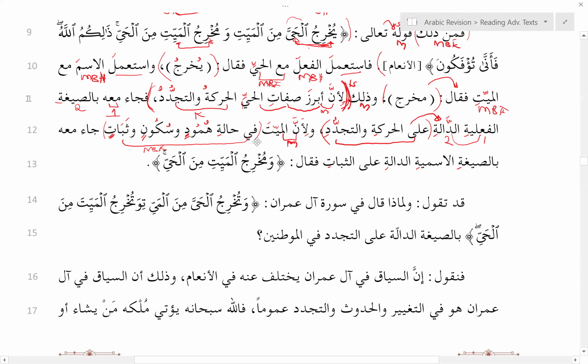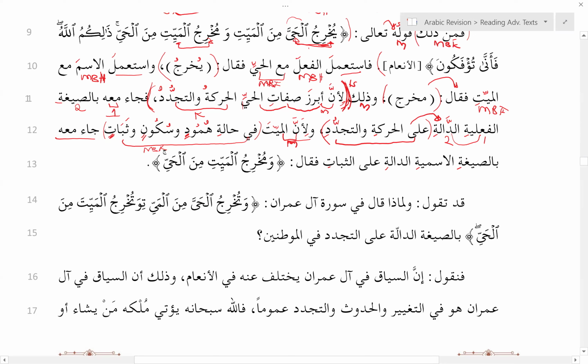But remember when I said li'anna, they look at it as harf of jar. So this is kind of like the case. جاء معه بالصيغة الاسمية الدالة على الثبات لأن الميت في حالة همود وسكون وثبات. That's kind of how the sentence is supposed to be: this is the beginning and then this is the end.